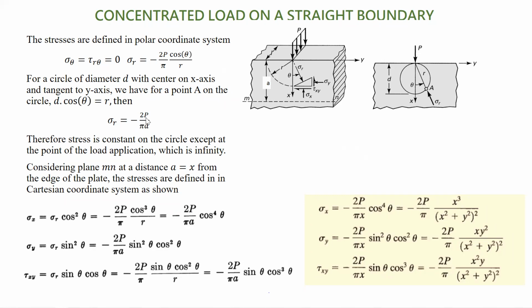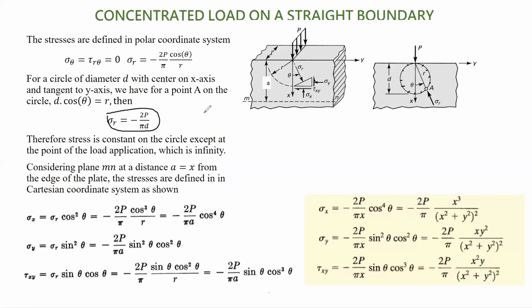Stress would be minus 2P over pi d for any element on this circle with the diameter d, or any element on the circumference of this circle. Radial stress is constant. So that is what you can imagine would happen.